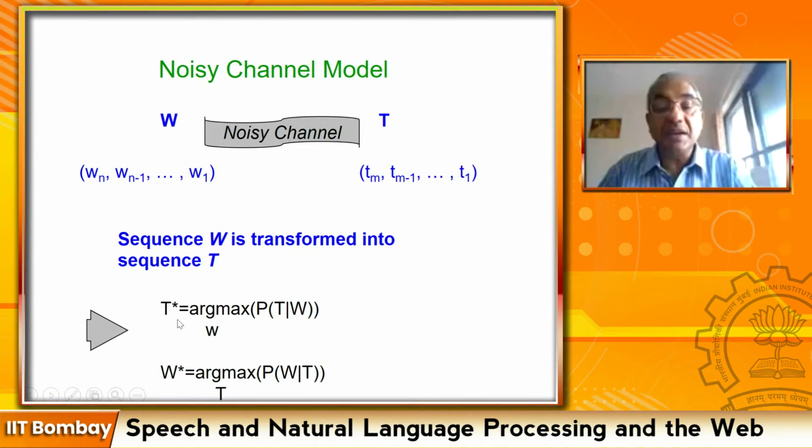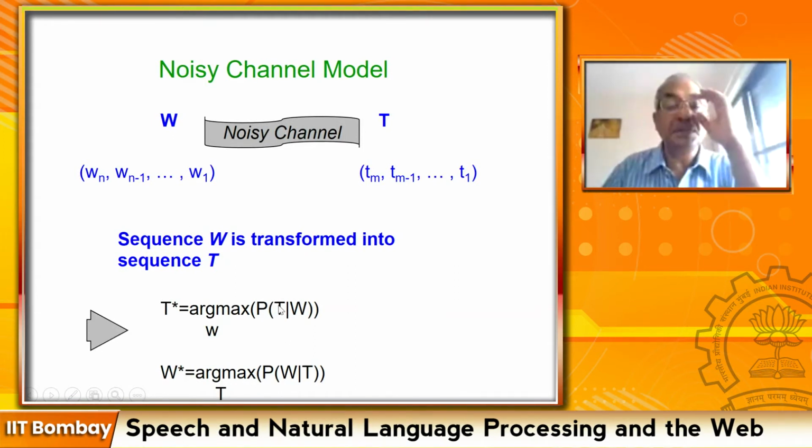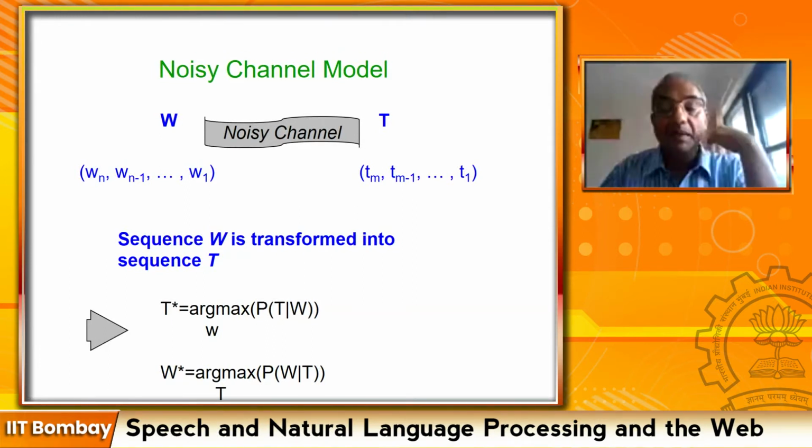We take that particular T as my option, which has the highest probability. Now you see how we are solving the classification problem. We are converting it into a ranking problem, a probabilistic scoring problem. So given the sequence of words, find the probability of all possible tags and take that tag sequence which has the highest probability.